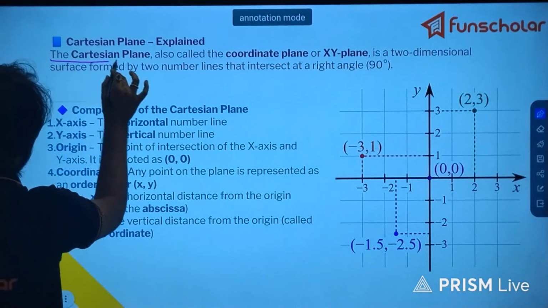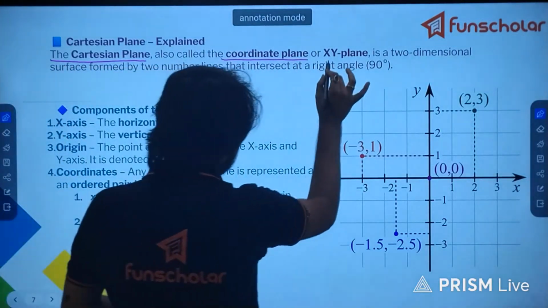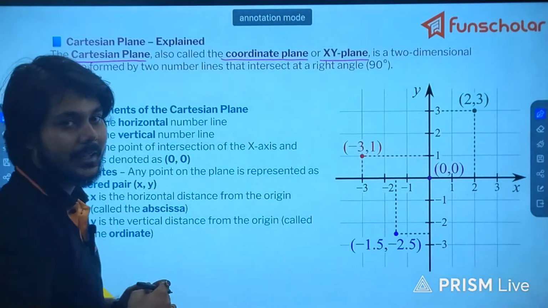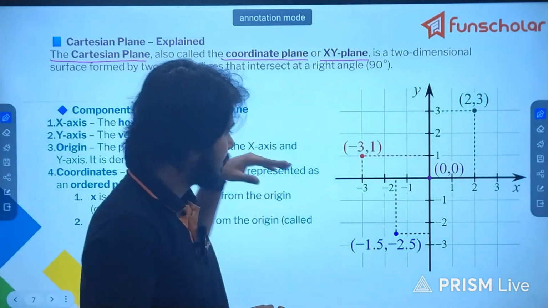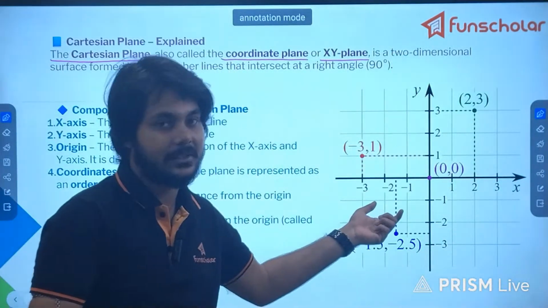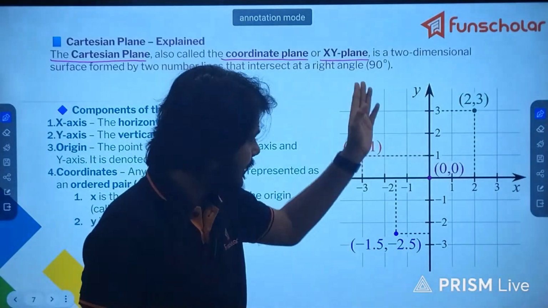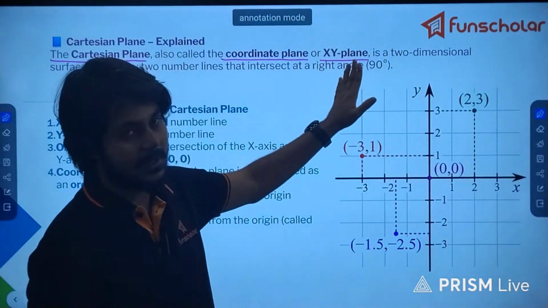The Cartesian plane, also called the coordinate plane or XY plane. You already know why it is called the XY plane: x-axis, y-axis intersection. Because of the two axes, this plane can be called the XY plane.